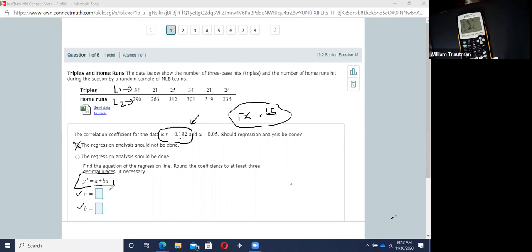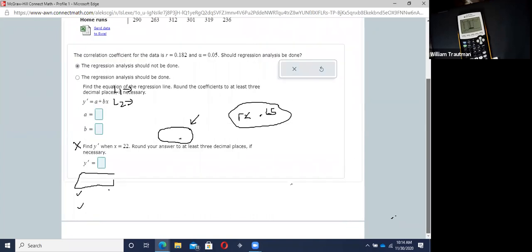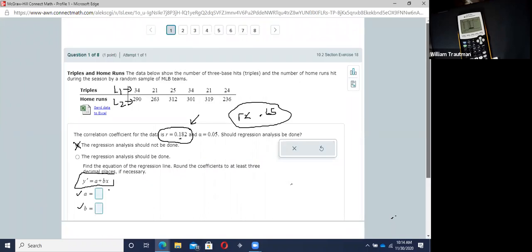And I don't think we have to fill these out. So if I just click on regression does not have to be done, I don't think it's going to let me do this because I'm reviewing.